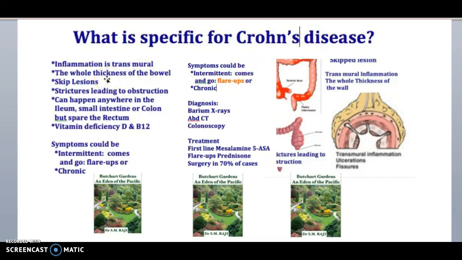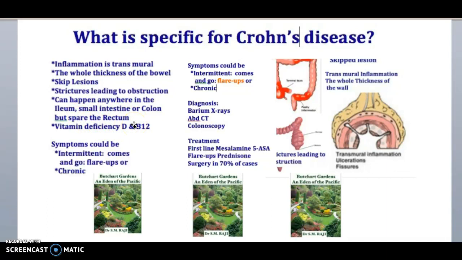We'll see how that differs from ulcerative colitis in a minute. It skips lesions, and strictures lead to obstruction. It can happen anywhere in the ileum, small intestine, or colon, but the rectum is spared.